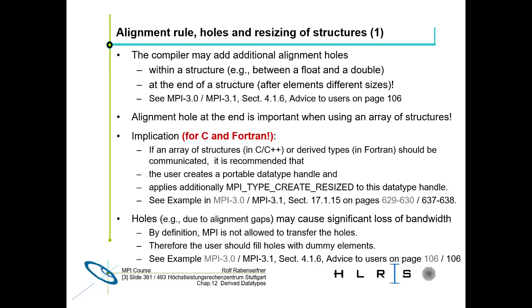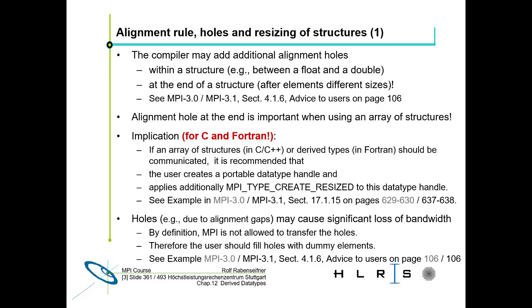The implication is that if an array of structures or derived types in Fortran should be communicated, it's recommended that the user create a portable data type handle and apply an additional MPI_Type_create_resized to this data type handle. There is an example in the specification. We'll also see an example later on.